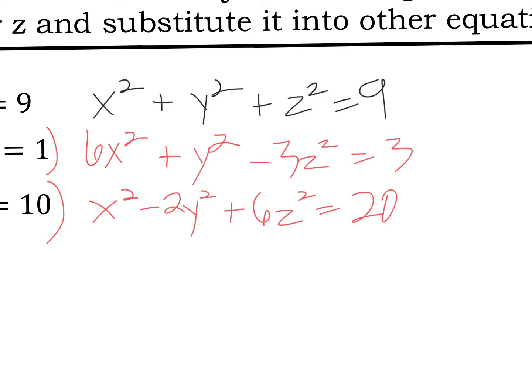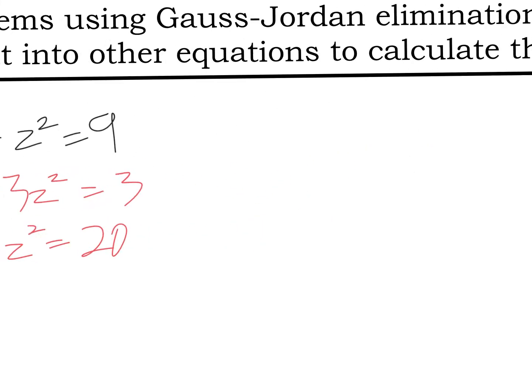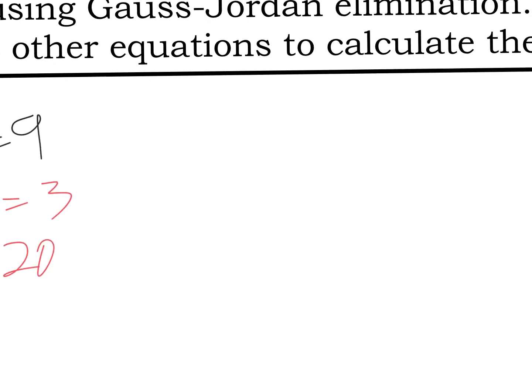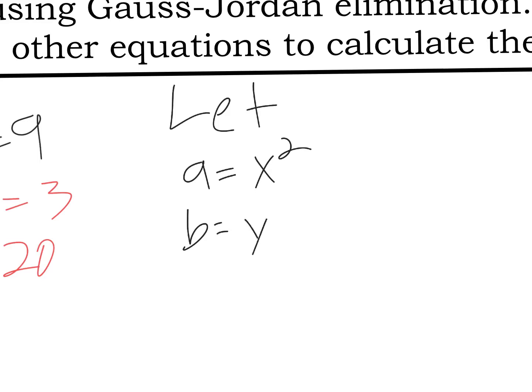And what you want to do here is just replace your variables with a different variable. That sounds kind of strange, but what I mean by that is we're going to let a equal x squared, b equal y squared, and c equal z squared.